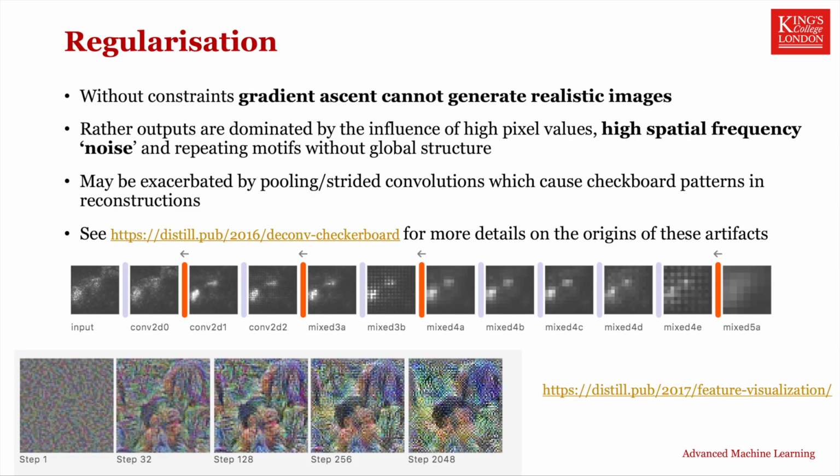But generally, it's regularly observed that feature visualization simply doesn't work well without regularization. Without it, the result becomes dominated by high spatial frequency noise and these repeated patterns that you can see down here. It's thought that whatever causes this is probably akin to whatever is making the networks vulnerable to adversarial attack.